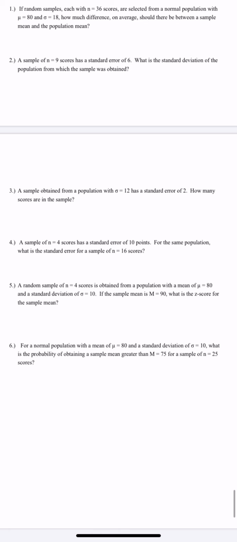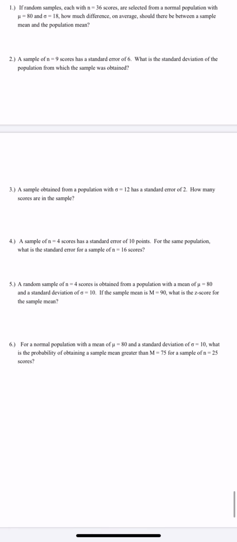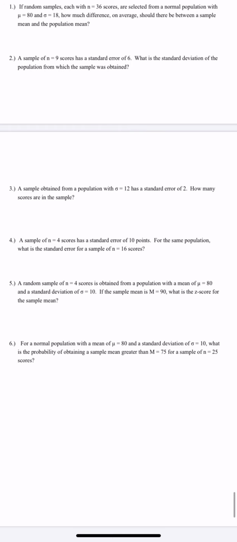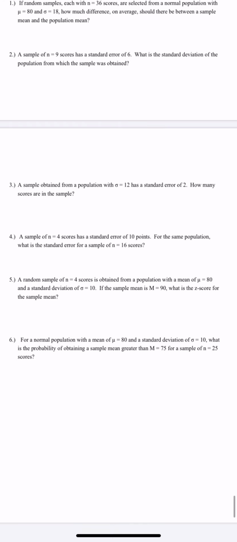A sample of n equals 4 scores has a standard error of 10 points. For the same population, what is the standard error for a sample of n equals 16 scores? We want to find the standard deviation first of that original population.